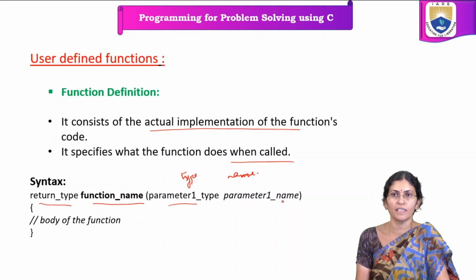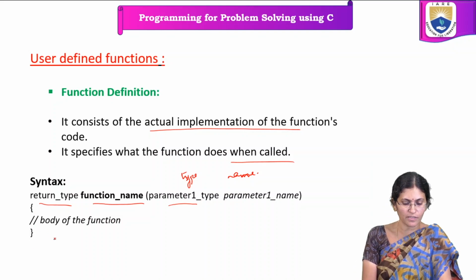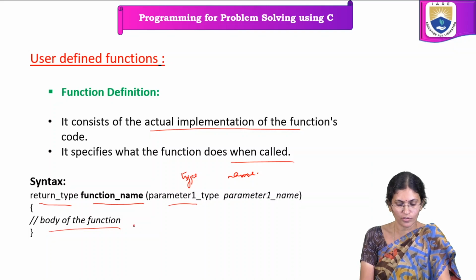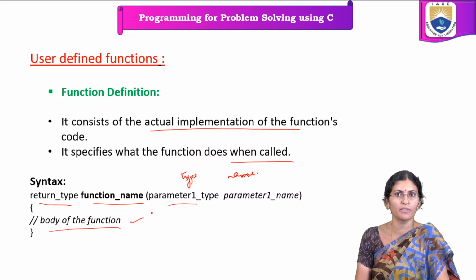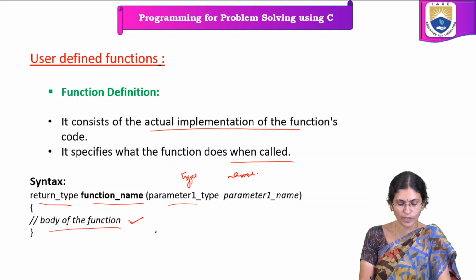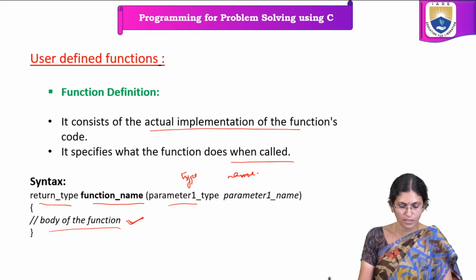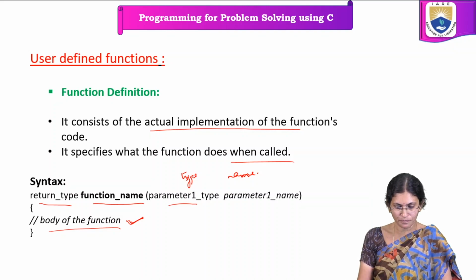Here also we have a parameter list, and inside the curly braces we have the body of the function. The body includes a set of statements for the specific task required to be performed by this function.